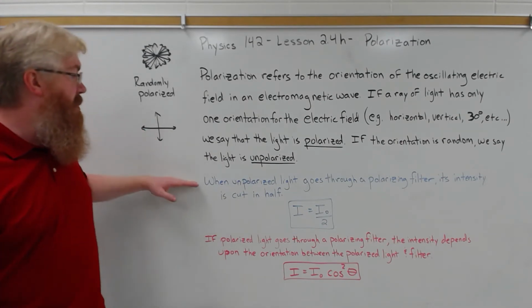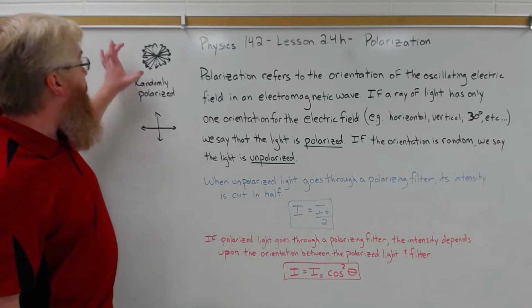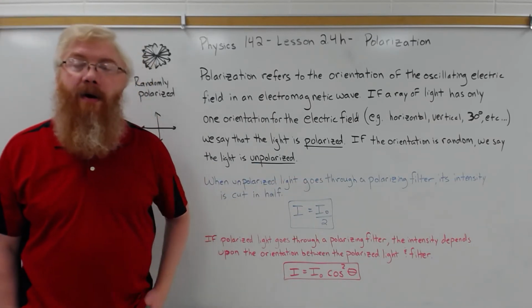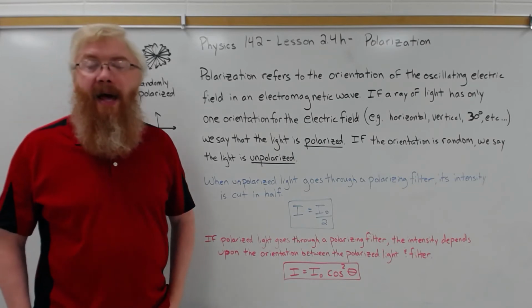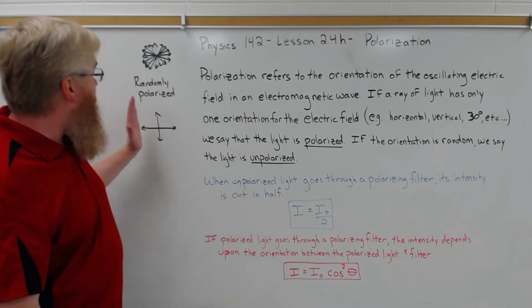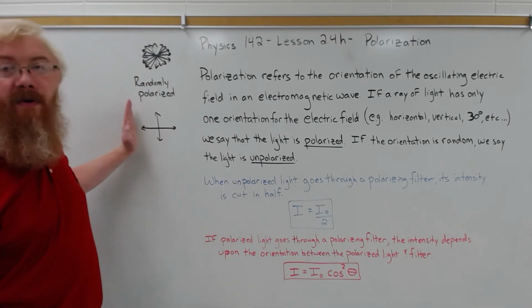Well, the simplest way to start looking at this is unpolarized light. So when you have randomly polarized light or unpolarized light going through a polarizing filter, half of the light gets through, right? The half of the light that has the orientation in the direction of the filter. So I put this through a vertical filter, the vertical component will go through and the horizontal component won't.